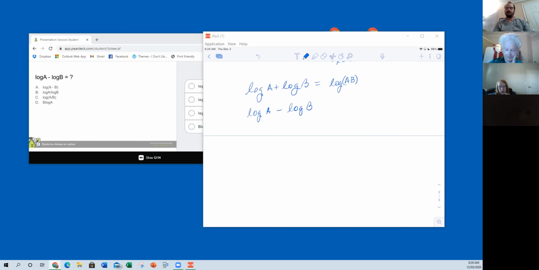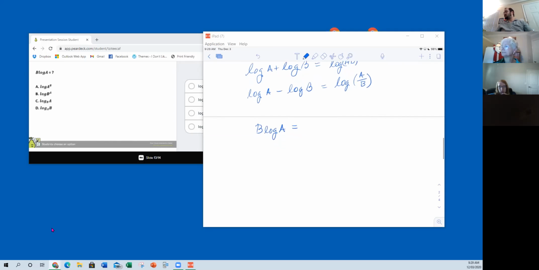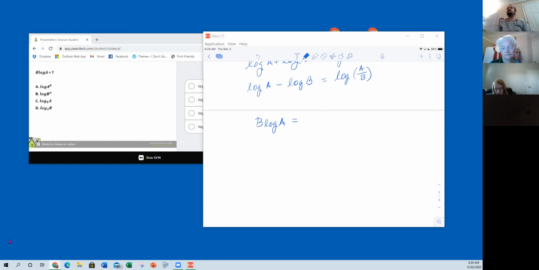Y'all are getting this one good. So the log of A minus the log of B is the same as the log of A divided by B, and vice versa. Know that backwards and forwards.